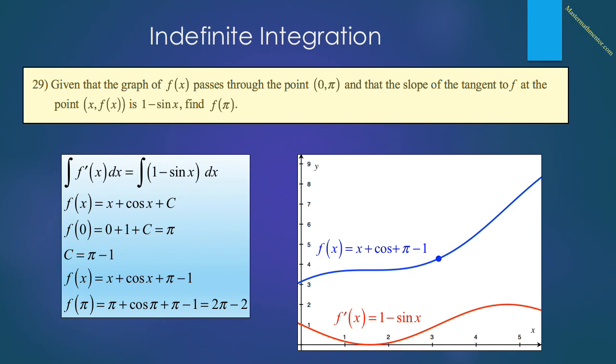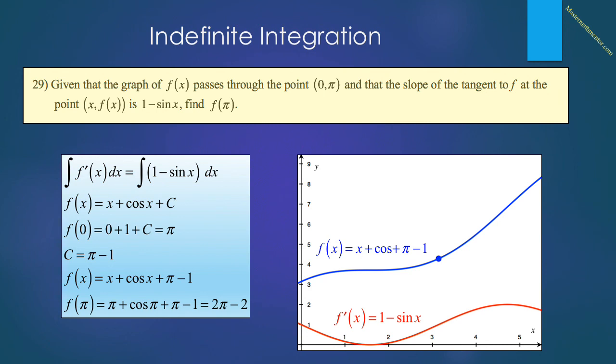The graph verifies the answer. f prime of x is equal to 1 minus sine x, shown in red. And since f prime of x is 0 somewhere between 1 and 2, we would expect that our curve f of x will level off somewhere in that interval, and it does. And since f prime of x is positive in the interval shown, then f of x will be increasing through the interval shown.